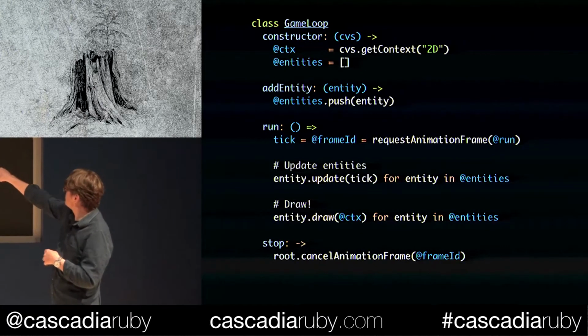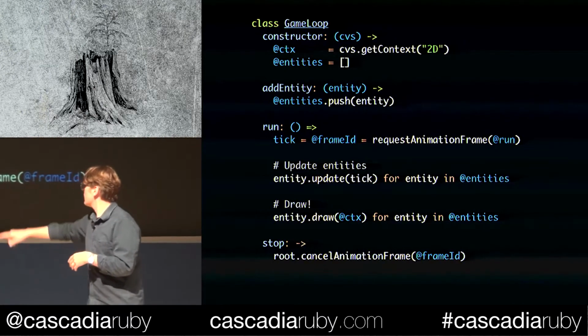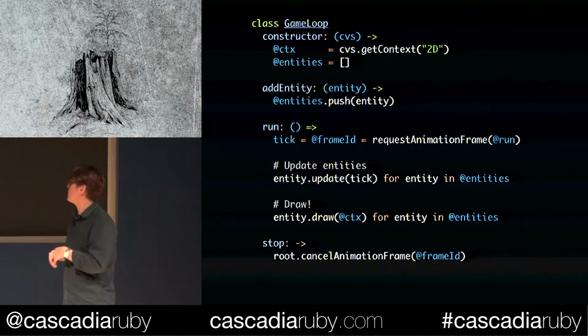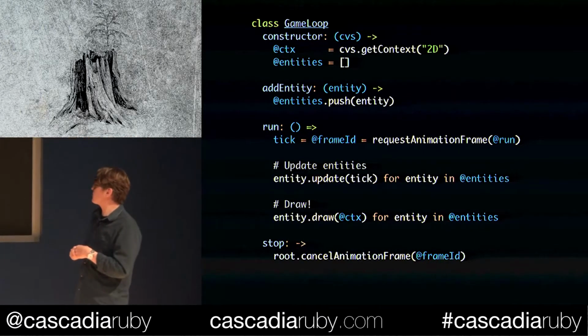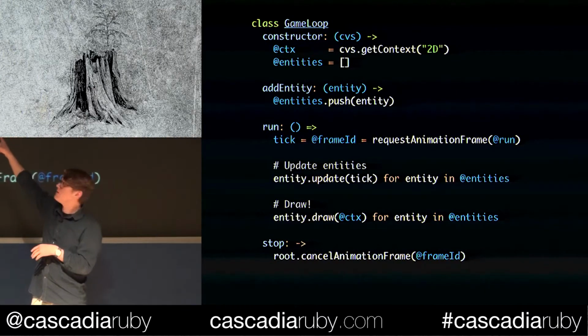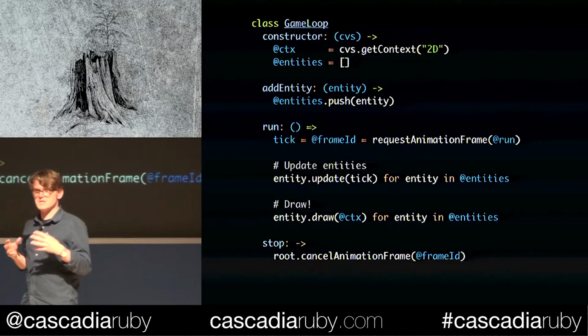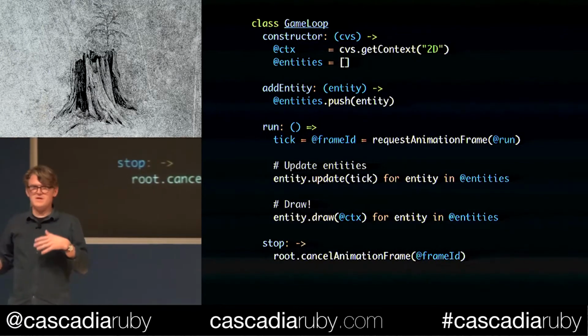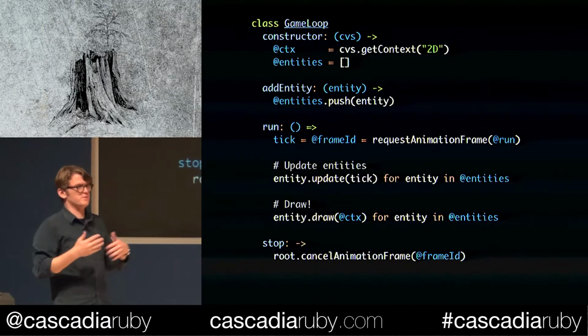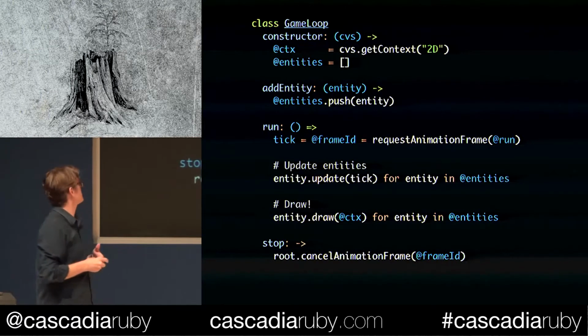Next step: step through my entities and make an update call on them. Next, step through my entities and make a draw call on them. Real simple stuff, right? The one thing to notice is that I am passing a tick into my entities' update. That's for my sanity, because if I want to know if time has passed, I can do updates based on this incremental tick that I'm keeping track of.